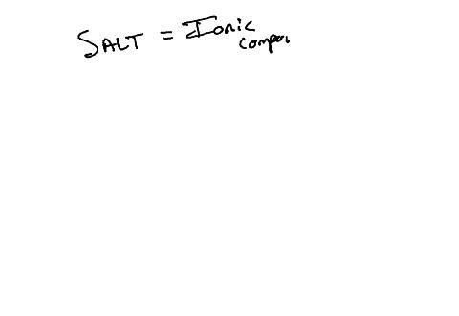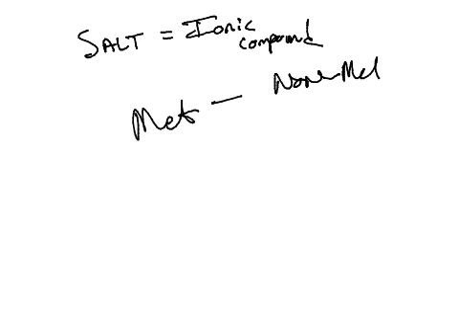Oh, a very good question. What is a salt? A salt is an ionic compound. Which means what? A metal bonded to a nonmetal. So calcium chloride is a salt. Silver nitrate is a salt.